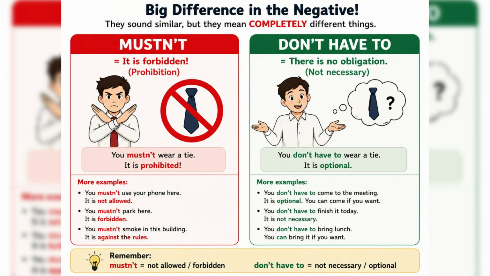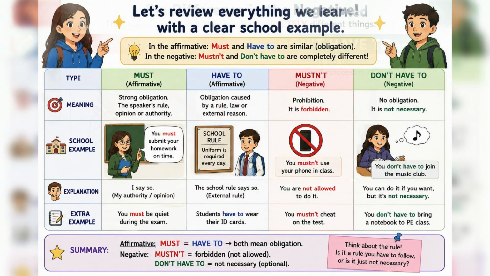You can do it if you want, but it isn't necessary. For example, you don't have to wear a tie means it is optional, but you mustn't wear a tie means it is prohibited. Let's review everything we learned with a clear school example.